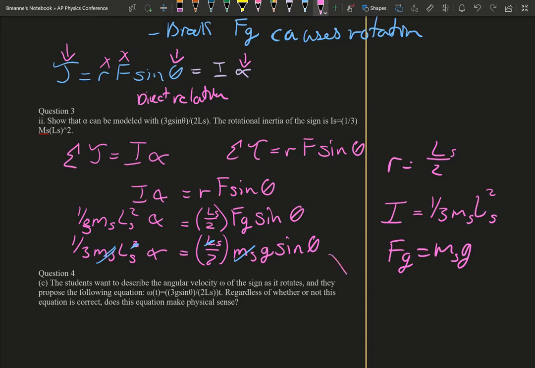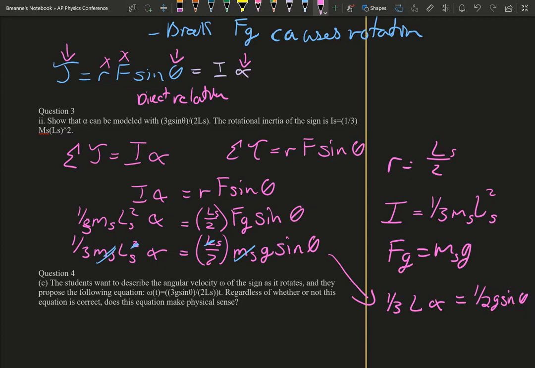And then, because we don't have enough room, we're going to bring it over here. So we get that we have 1/3 of L alpha equals 1/2 of g sine theta.